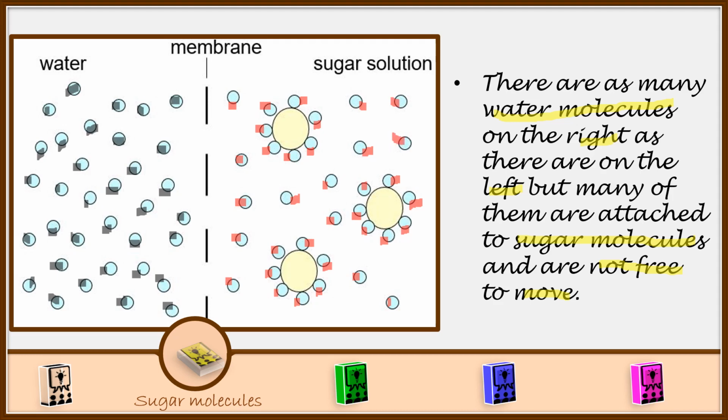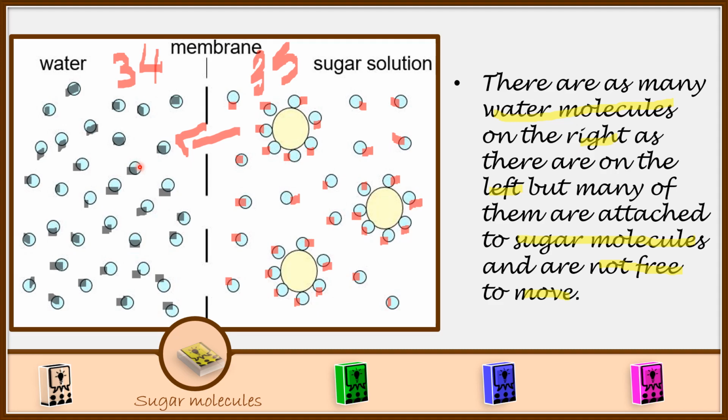They are 35. So if they are 35 on that side, which means that water molecules will move in this direction. Why? Because here we have 35 water molecules, and this side we had 34 water molecules, which means that on this side the water molecules are more than this side. So we expect the water molecules to flow in this direction.